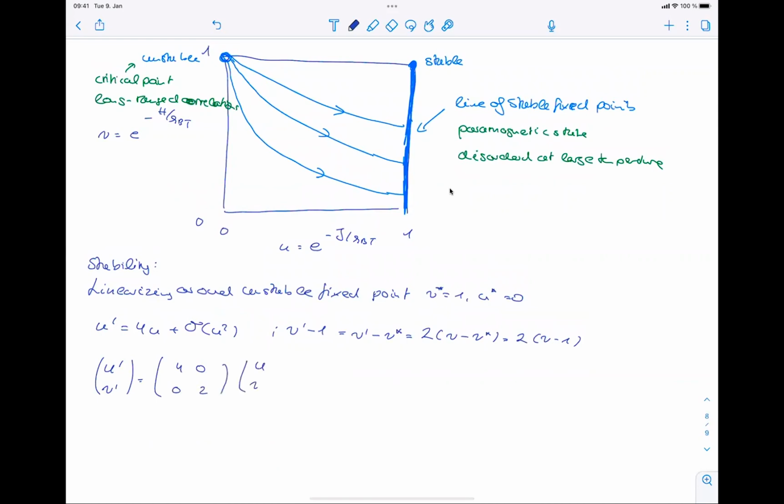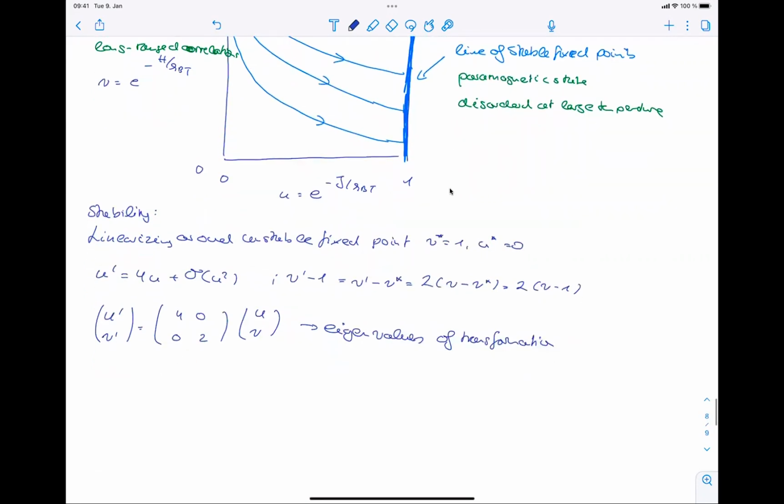These are the linearized dynamics in the phase space, and the eigenvalues of these linearized dynamics of this transformation then give us that we here have one eigenvalue 4, which happens to be b squared, and another eigenvalue that is 2, that is b.